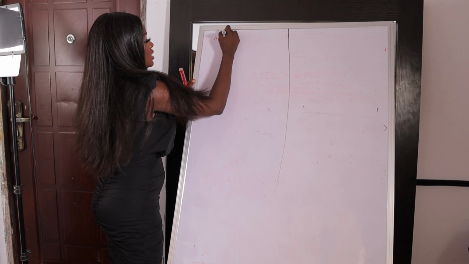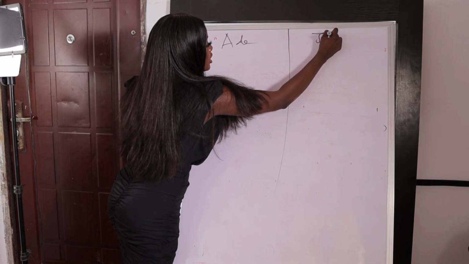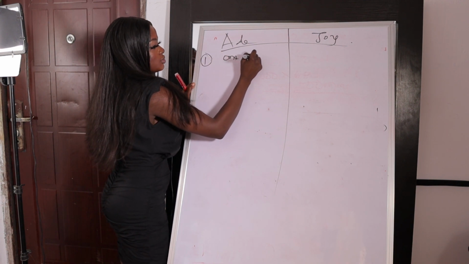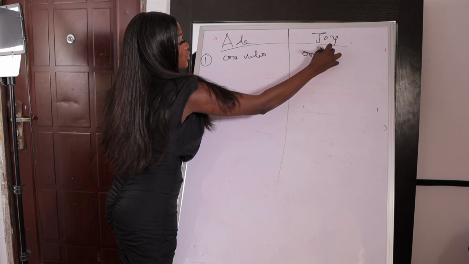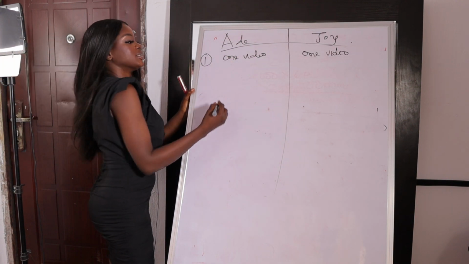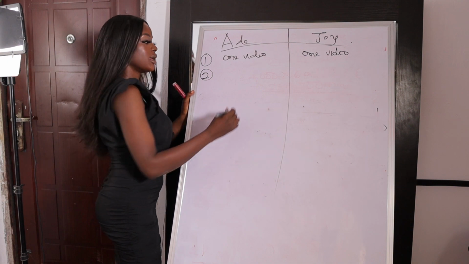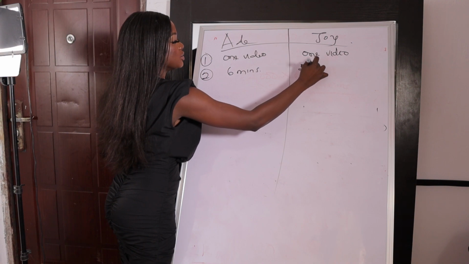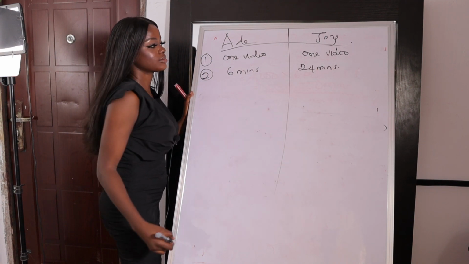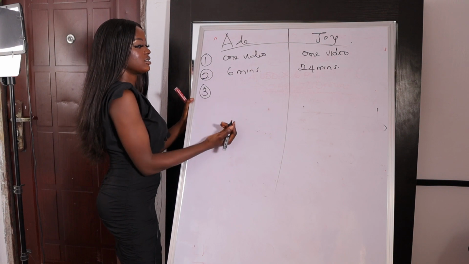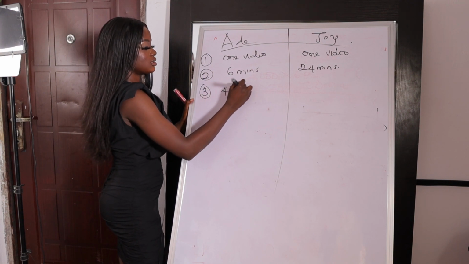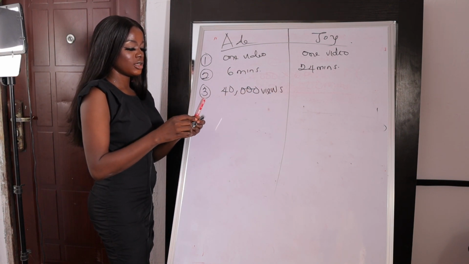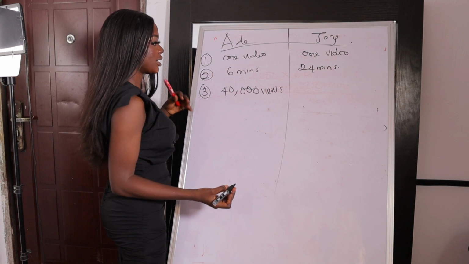So now this is Ade and this is Joy. Ade has 1 video. Joy also has 1 video. Ade posted 6 minutes. Joy posted 24 minutes. Ade will need 40,000 views in order to have the 240,000 minutes required of him.